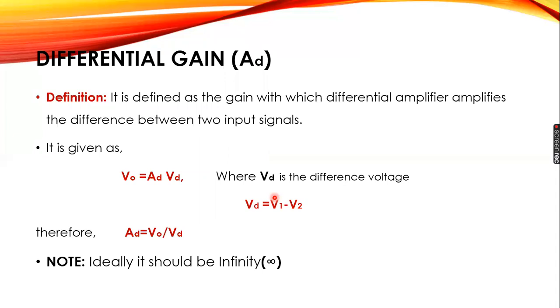These differential amplifiers have two types of gains. One is differential gain and the other one is common mode gain. So differential gain is defined as the gain with which differential amplifier amplifies the difference between two input signals, which is denoted with capital A suffix D, and it is given as V0 is equal to AD into VD, where VD is nothing but difference voltage and VD is equal to V1 minus V2.